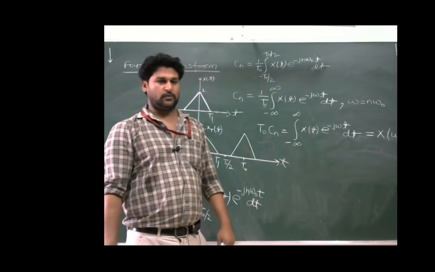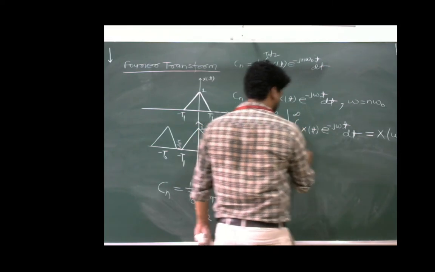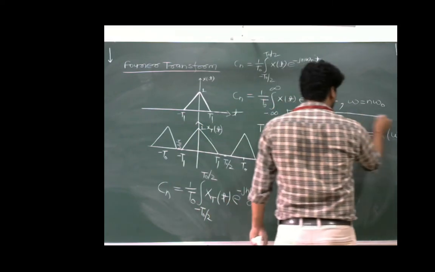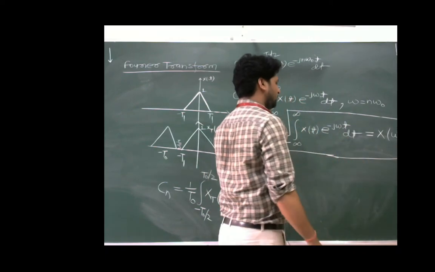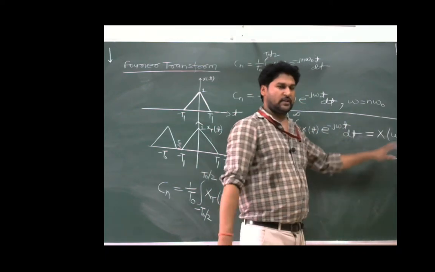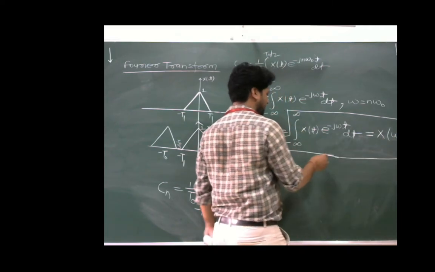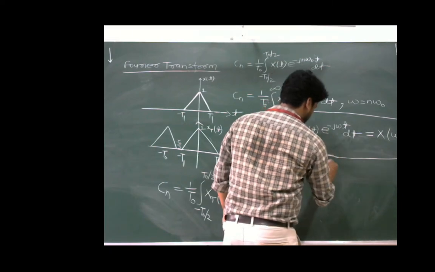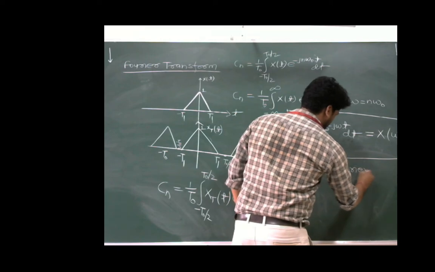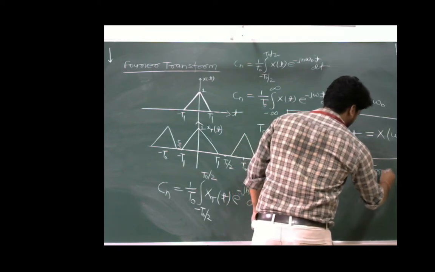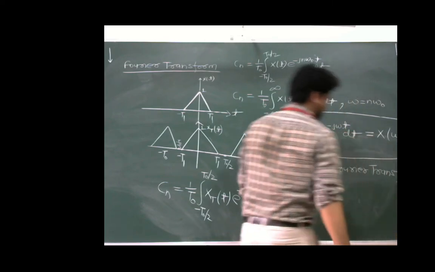This will be equal to capital X of omega, which means this function is assumed to be equal to a new function X of omega, which is a function of frequency only, the frequency content of this signal x(t) only, and this relation is called the Fourier transform, or continuous time Fourier transform.